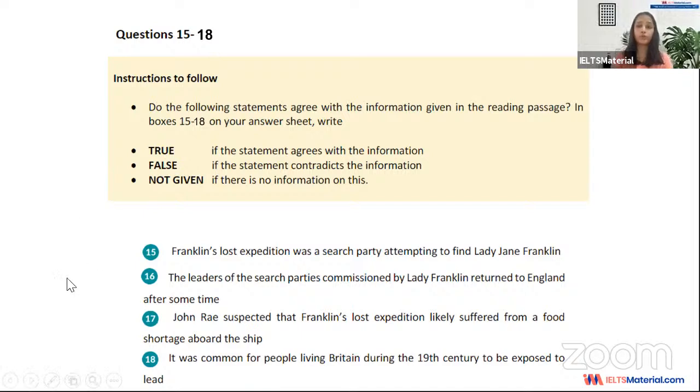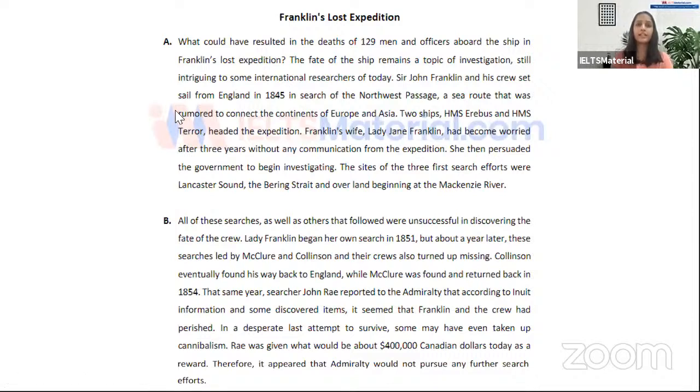We are going to read a couple of passages and then solve these questions. First, let me tell you the topic. It's Franklin's Lost Expedition.